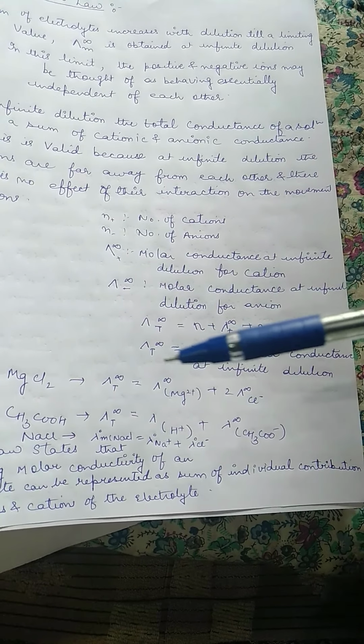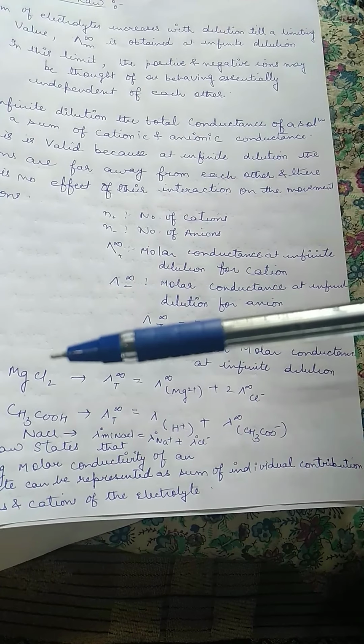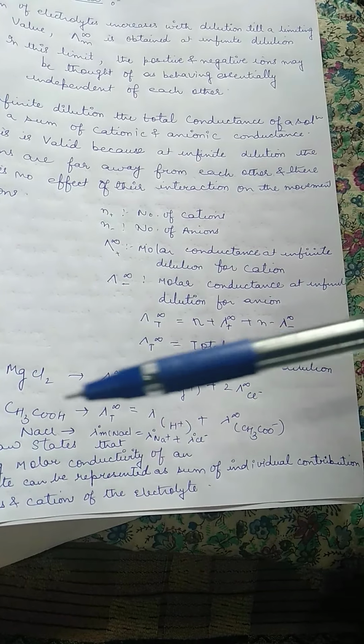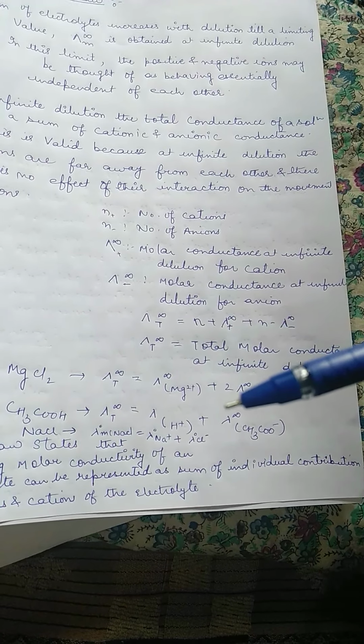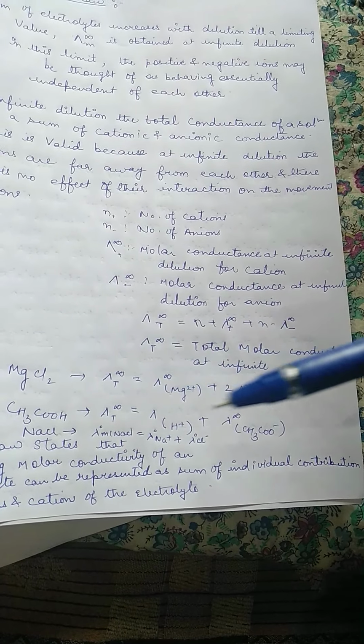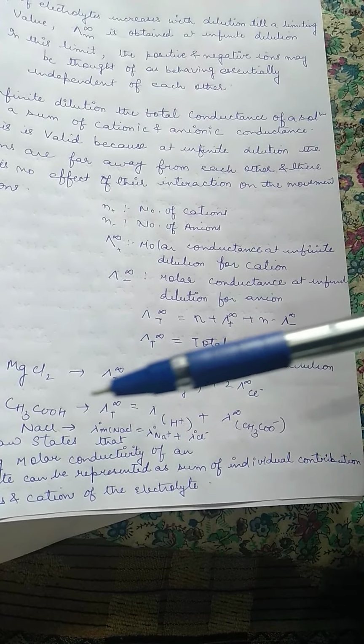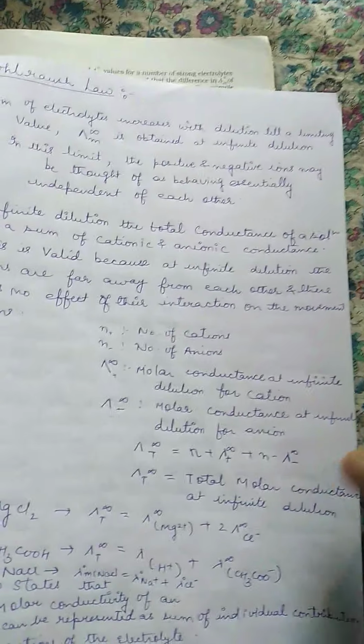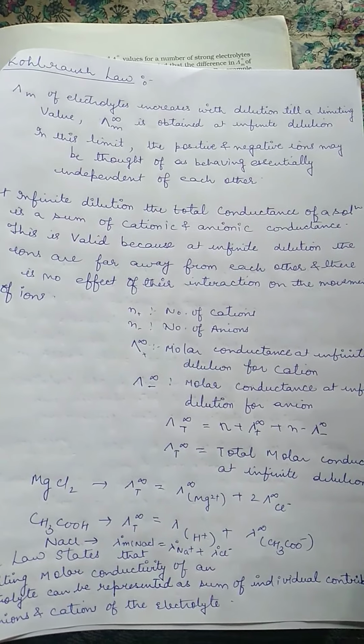At infinite dilution, MgCl2 is made up of magnesium ions plus chloride ions. So this is the individual contribution of anion and cation. Similarly in acetic acid, acetate ion plus hydrogen ion, and as far as sodium chloride is concerned, sodium ion plus chloride ion. So these kinds of questions are normally asked; numericals come from this law.